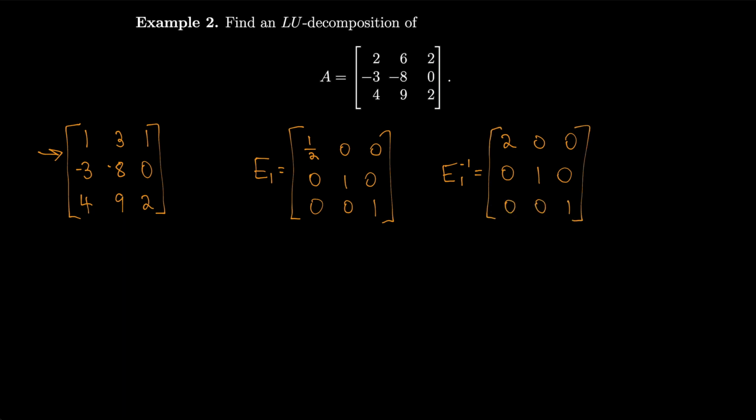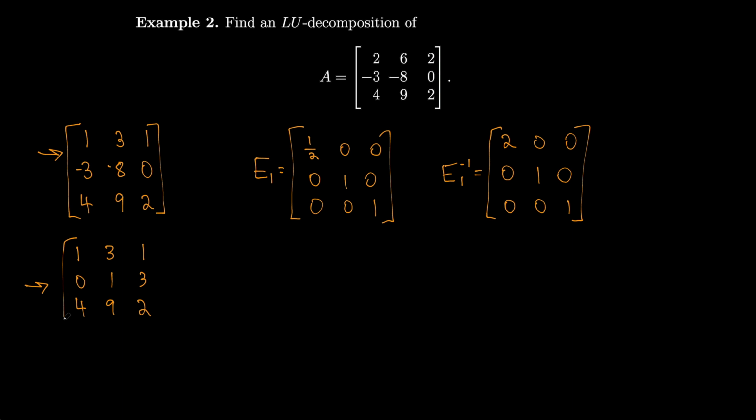Okay, let's keep going. We want to keep reducing it. So how about I get a 0 underneath the 1? So I'll have 1, 3, 1, 0, 1, 3, 4, 9, 2, because I'll just take 3 of this first row and add it to it.